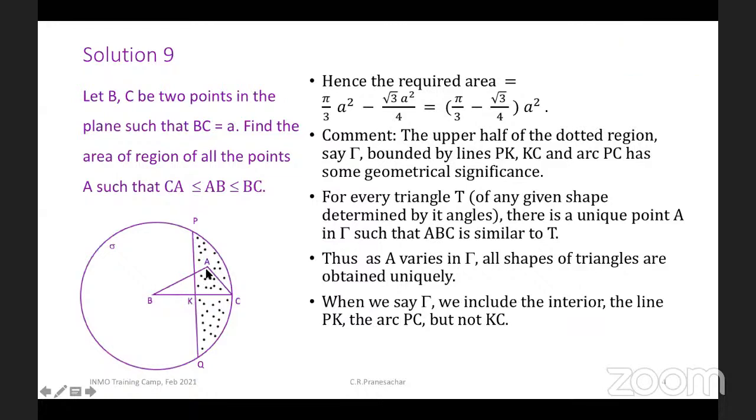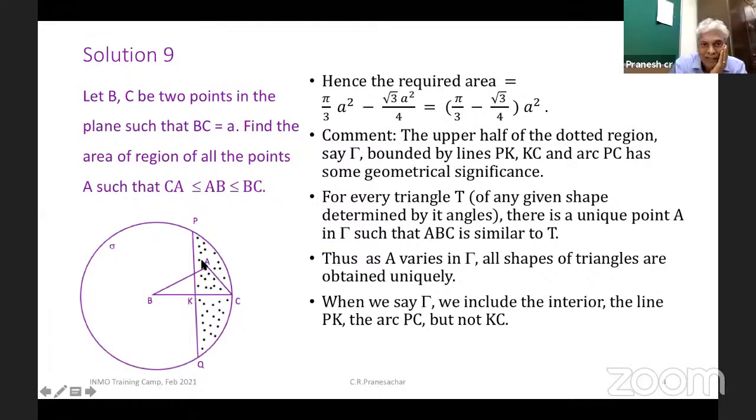Sir, how would we prove that? See, if you take AKC, you are restricting yourself to very few triangles.